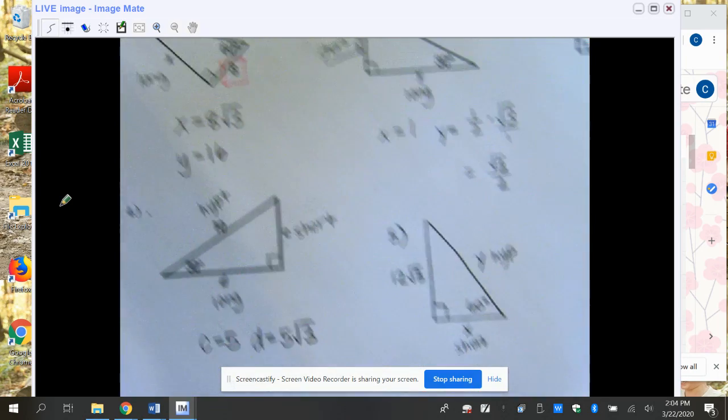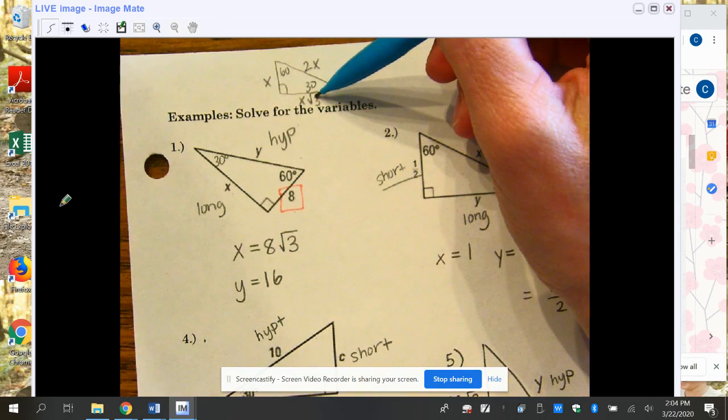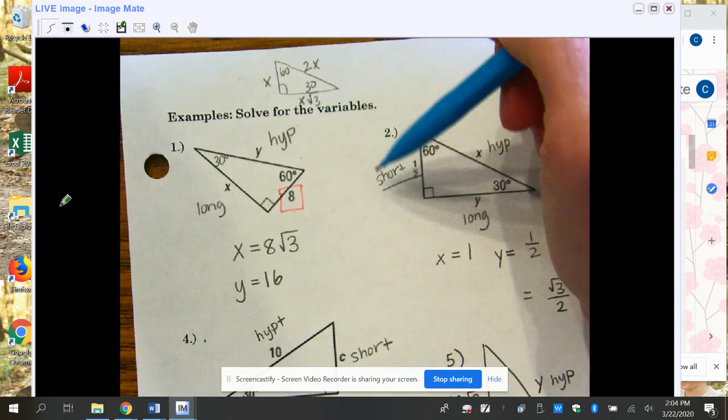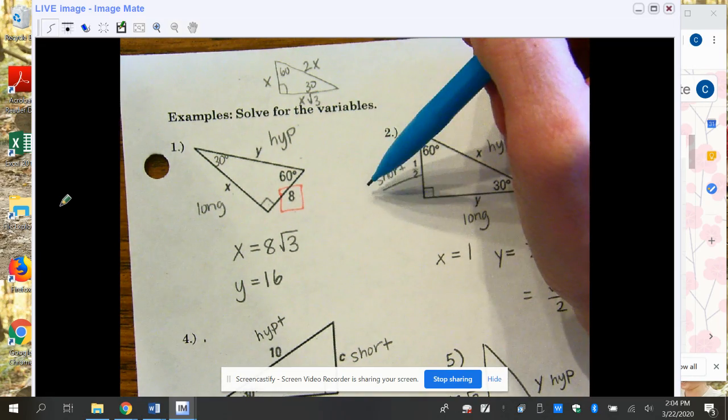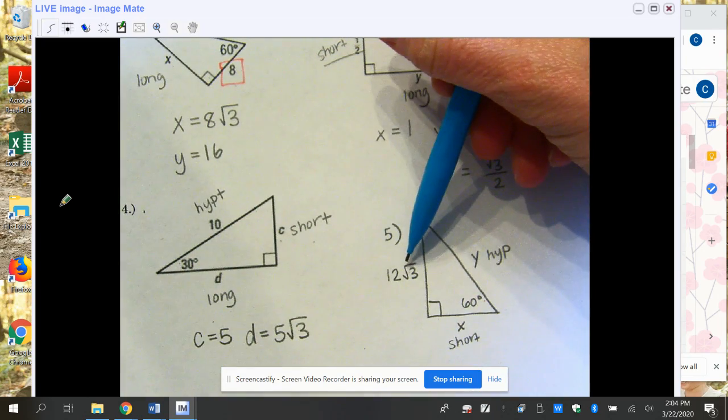All right, so if we go up here and think about what is the relationship between the long leg and the short leg here? This one's going to be a little bit easier because of the way that the information is given to me. It's given to me with the radical 3 in it.